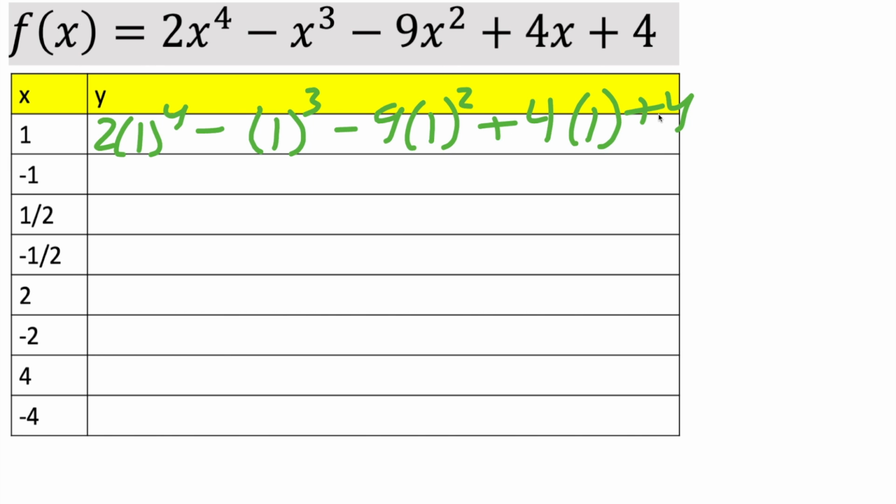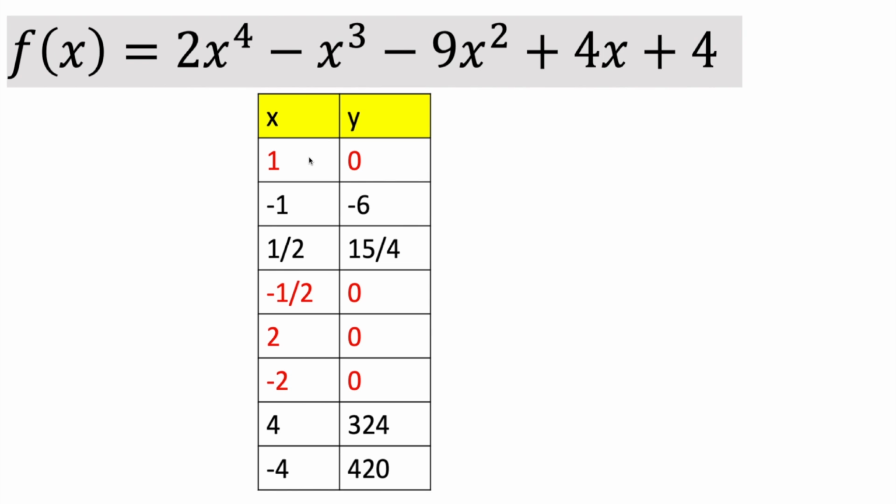All you have to do next is use a calculator and you'll get an answer. To save us some time, I went ahead and typed it into a calculator, and we were in fact able to find 4 roots. This problem is x raised to 4, so there are actually only 4 roots.